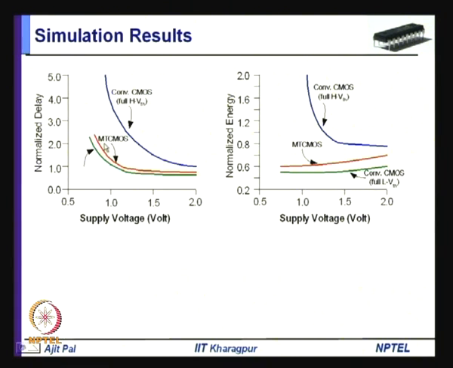However, whenever you go for MTCMOS, we insert the high VT transistors in series, then it is definitely increasing the delay by a small amount, but it is much less compared to the high VT transistors. So, we find that there is some increase in delay because of the insertion of those high VT sleep transistors, but the increase in delay is not very high, small.